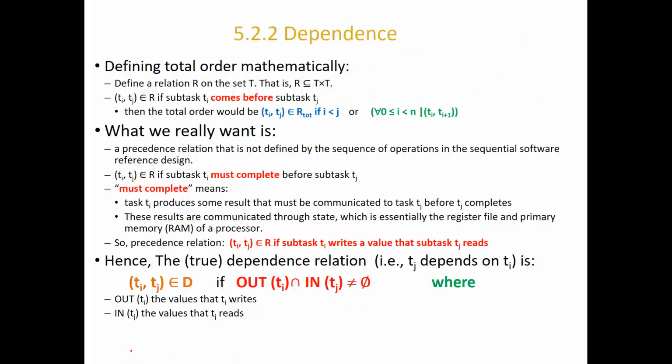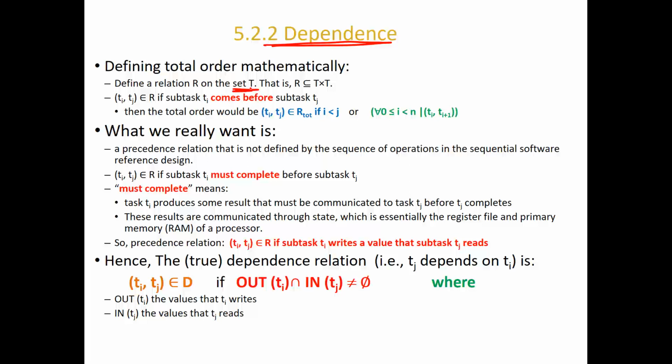So this brings us to the relation of dependence. The relation of dependence defines the instructions that exist in my set T, and I'm going to assume that set T is my program.